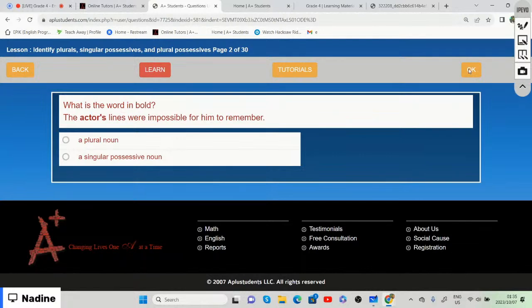Option 1 or option 2. Is it a plural noun that's only referring to more than one person, animal, place, or thing? Or is it a singular possessive noun? It has an apostrophe and an S.